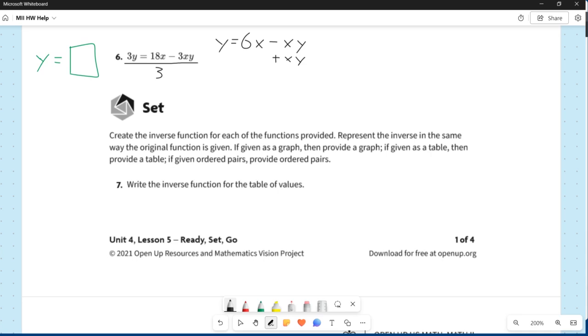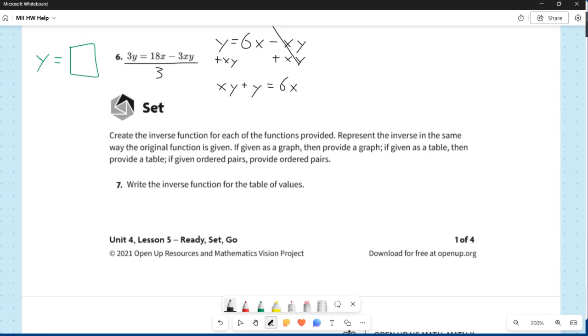It can't stay on the right, so we have to bring it over. So let's add xy to both sides and see what happens. Now the xy term on the right is going to go away, and the order that you write this doesn't really matter, but I'm going to do the xy first. So we're going to have xy plus y equals 6x.